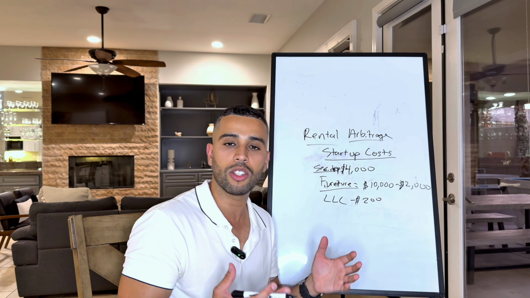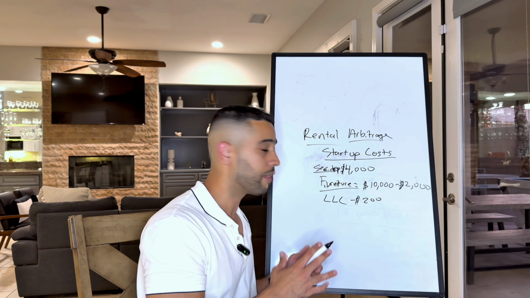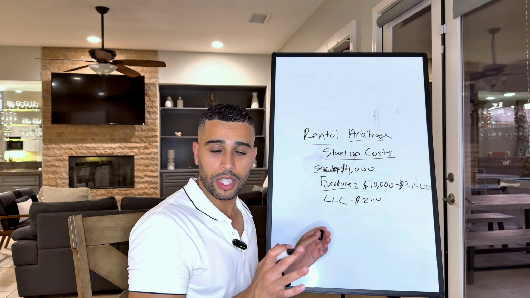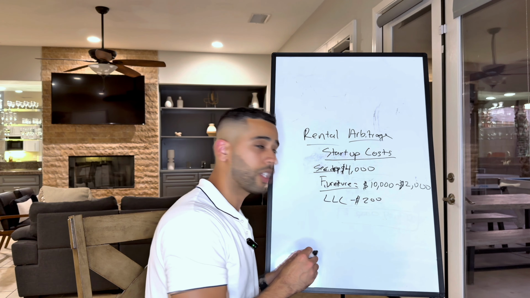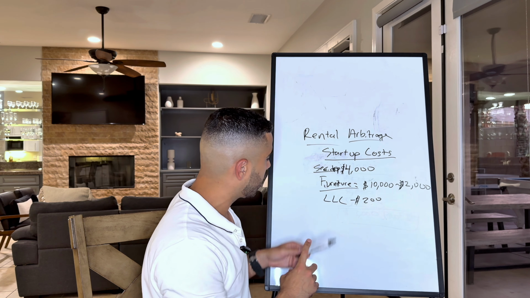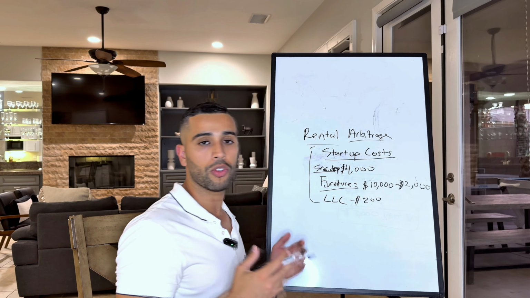But again, you don't even need to do that. You can just open your LLC directly on your own if you want to save a couple bucks. And I'm not affiliated, by the way, with LegalZoom or any company like that. I've just used them before. So, furniture, security deposit, LLC, these are your startup costs on average for a property.